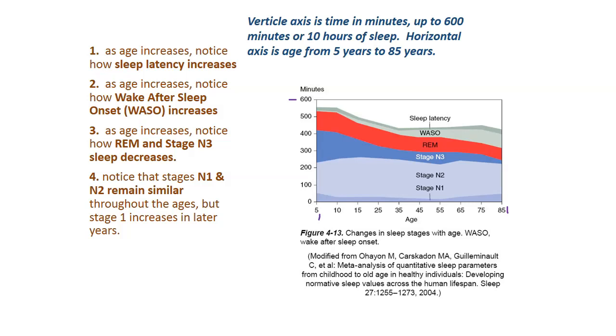Number three, as age increases, your REM and stage N3 decrease. Now, REM decreases much less than N3, but look at your 85-year-old's N3 sleep and compare that to the 5-year-old's. What's interesting about that is when you're 85, your body is actually starting to decline. You're not growing anymore.